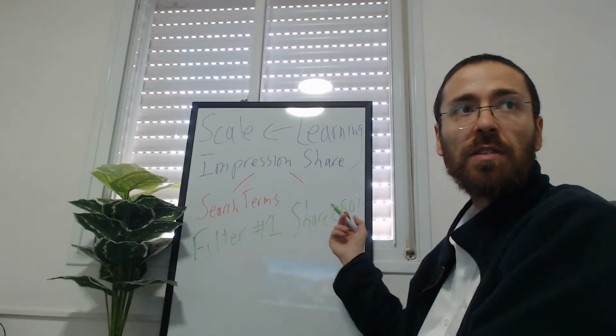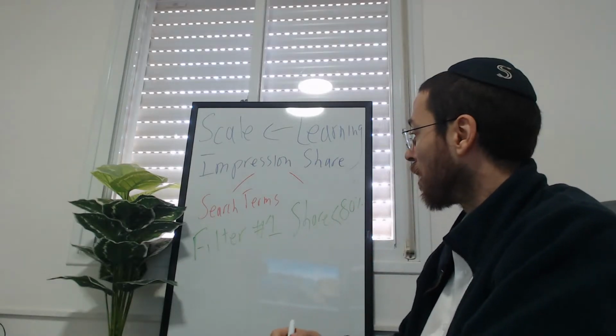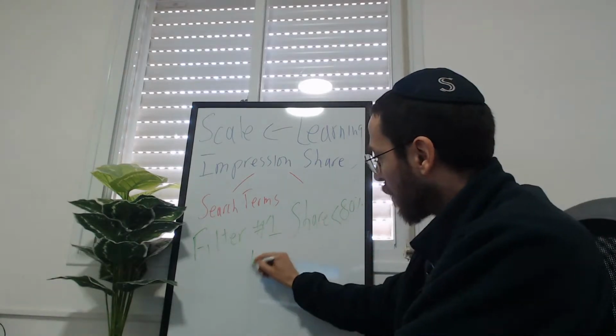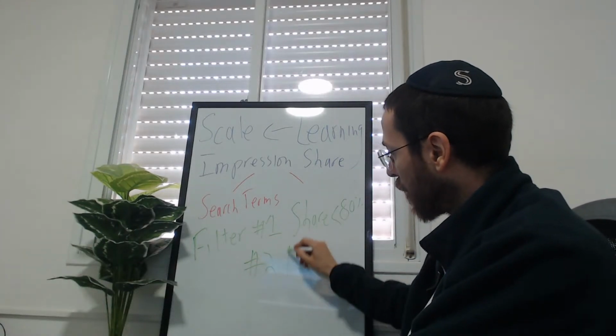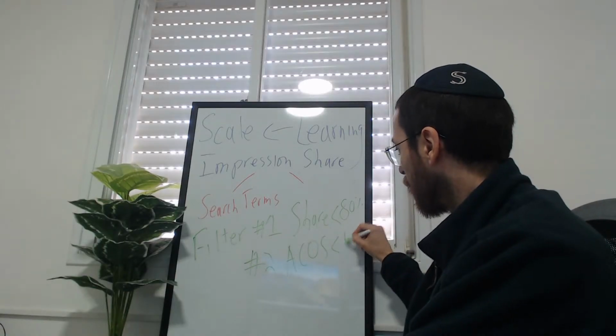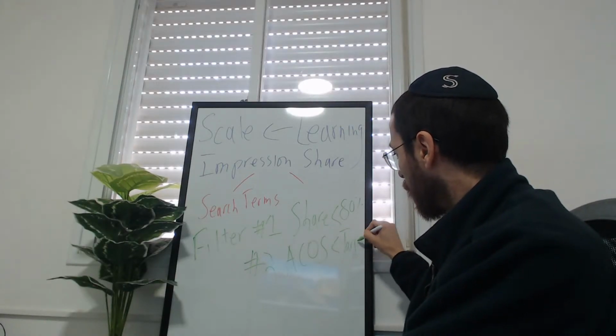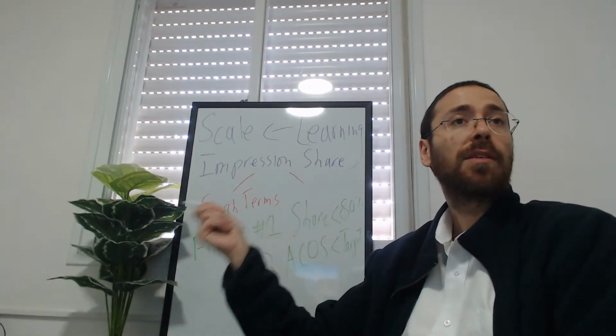Okay, you can adjust this number however you see fit. You can put it under 50%, under whatever. Okay, and filter number two is going to be ACOS under target. Simple, right? But hardly anybody talks about this report.